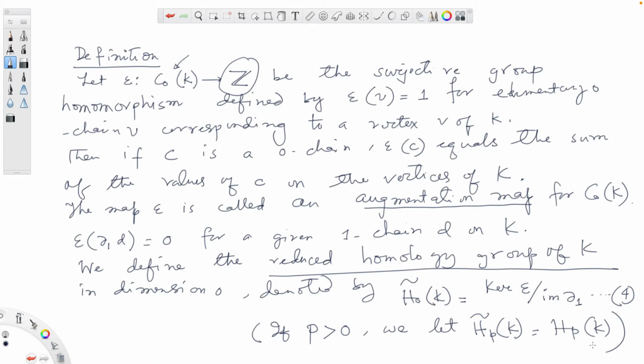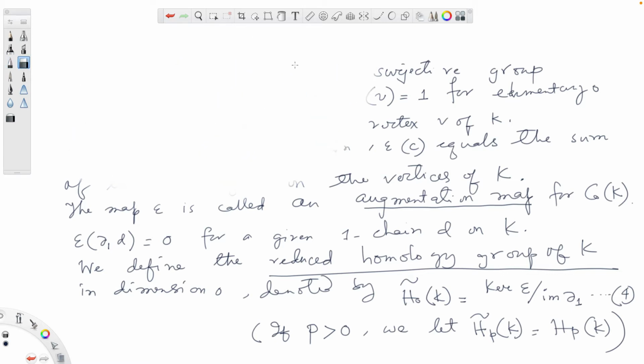Now, the natural question that follows is whether we can connect the reduced homology group with the ordinary homology group of a given simplicial complex. The answer lies in the following theorem.